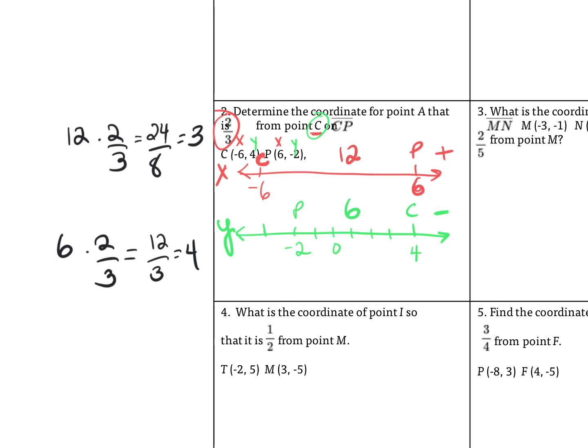So the fractional distance along the x-axis is 3 units from point C. So 1, 2, 3: -5, -4, so this gives me -3.